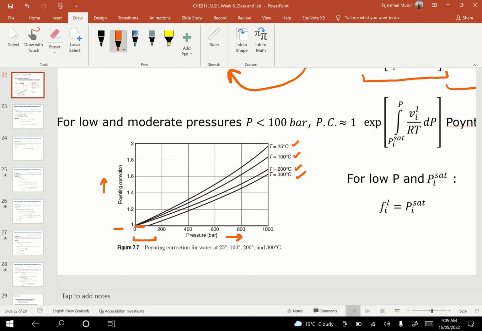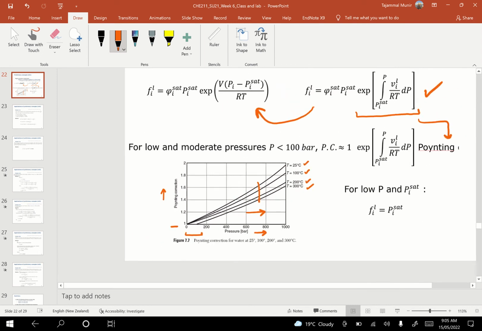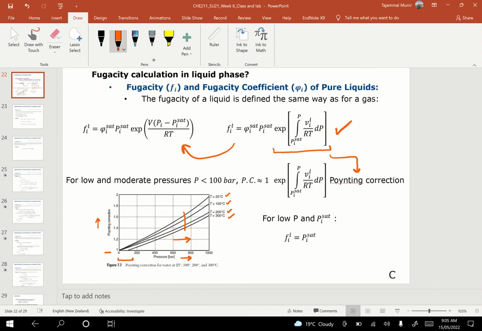But at higher pressures, the Poynting factor value changes significantly. So the rule is that if pressure is less than 100 bar, the Poynting correction factor, this whole term, is considered as 1.